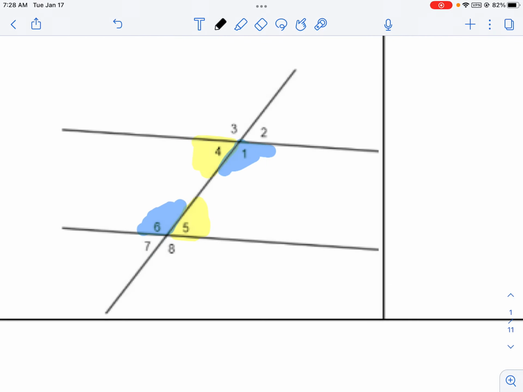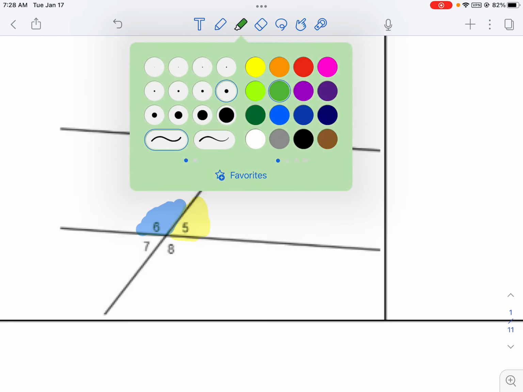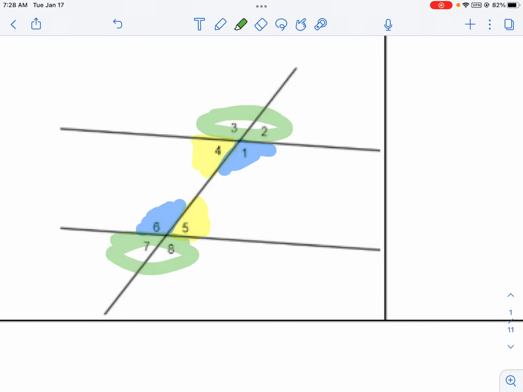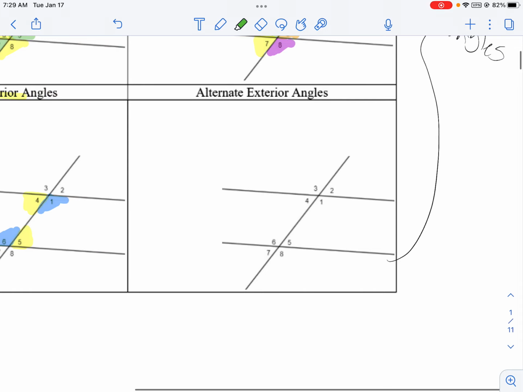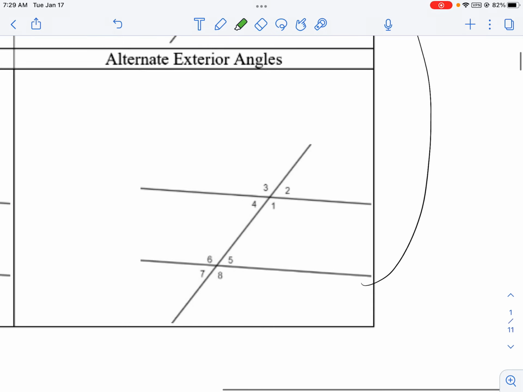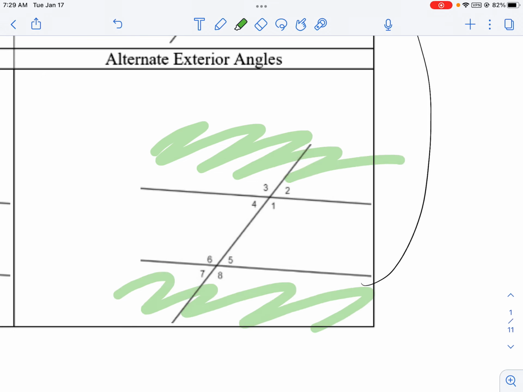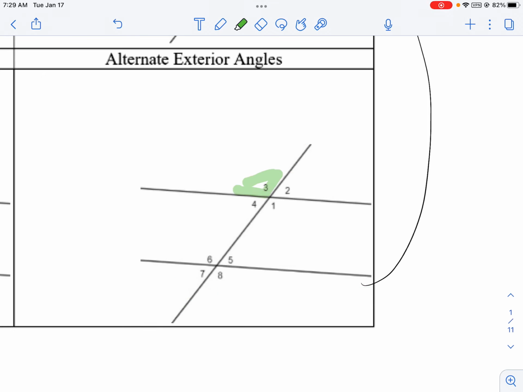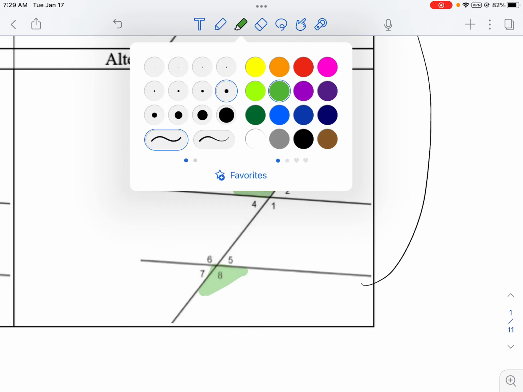We can also say something about the four angles on the outside: 2, 3, 7, and 8. Those we call alternate exterior angles. On the outside of the two parallel lines, you have angle 3, and on the alternate side, angle 8.